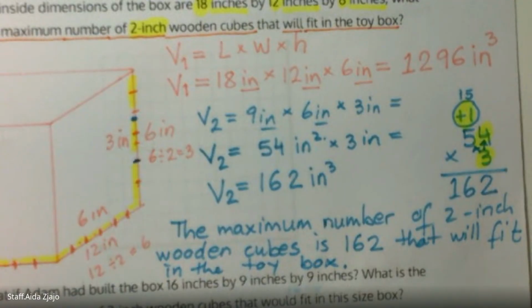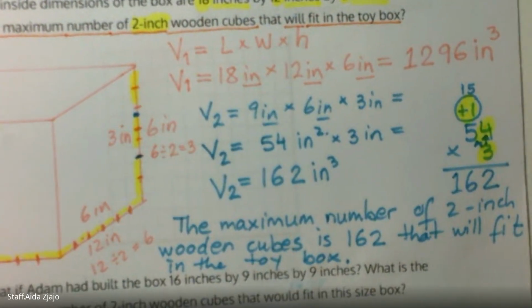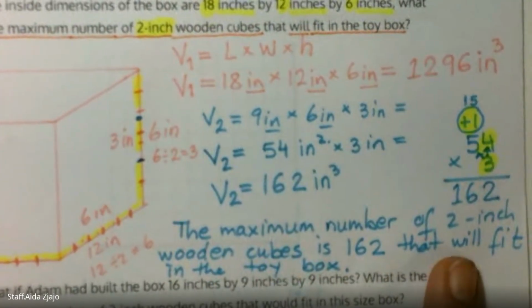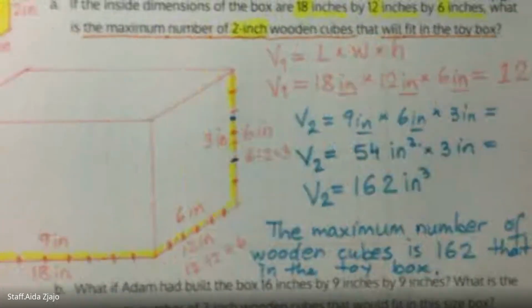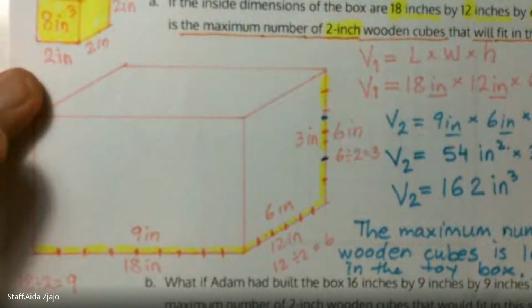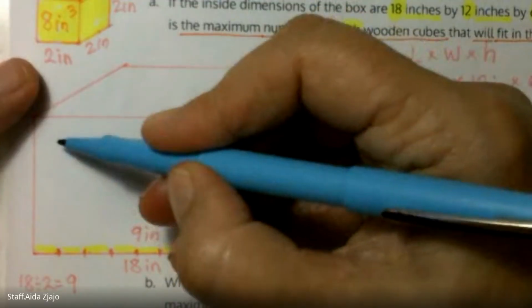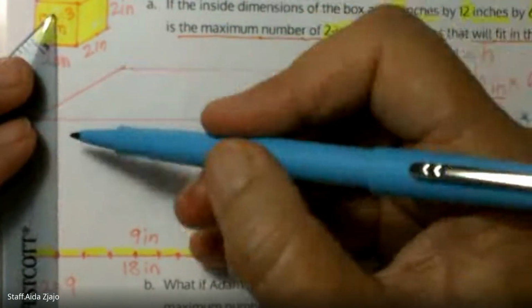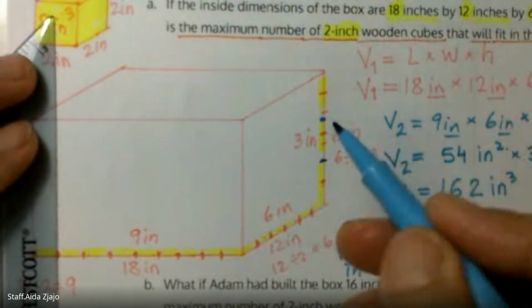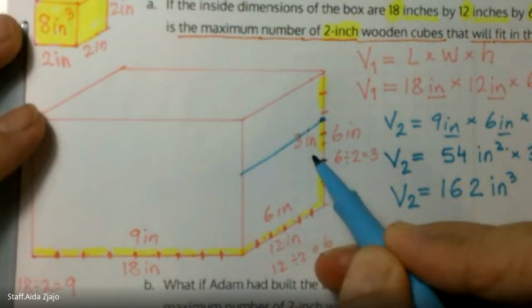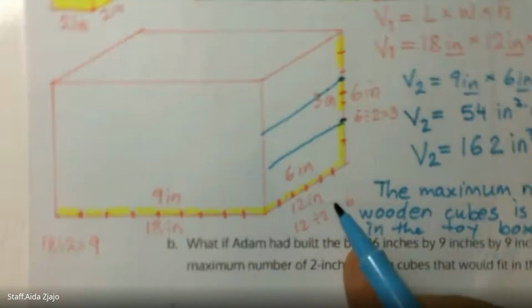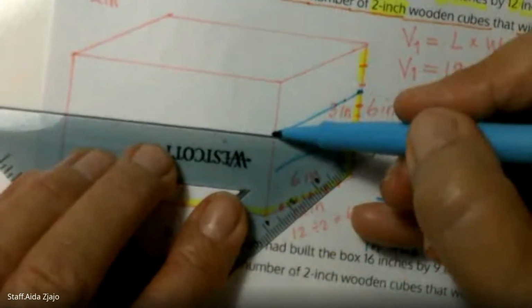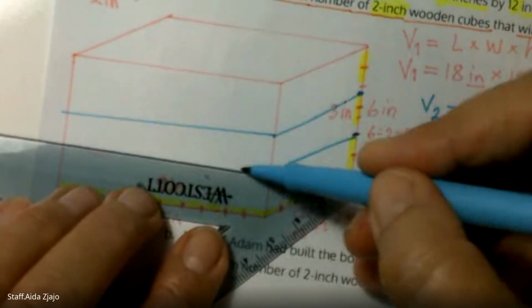Okay, so if I try to reconstruct this, I could. It's not going to be perfect because they won't be cubes. I made a mistake, I made it like this, much bigger.